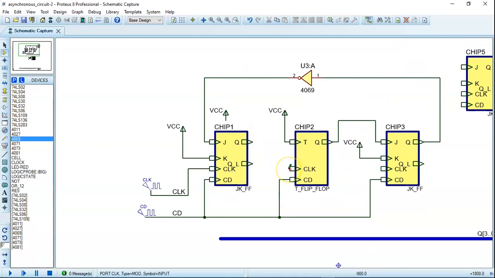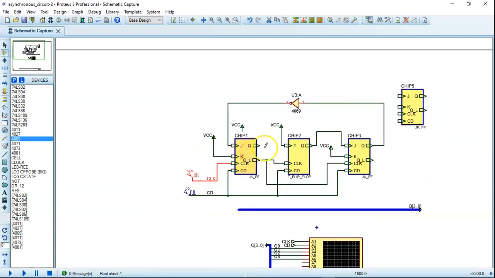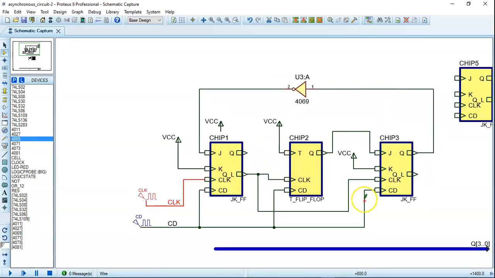So now what is left is finalizing with the clocks. You see you have 2 clocks here. One clock that is the Q naught from the chip 1, and another clock which is the one that you are going to drive by means of a function generator. So now what is left here I see is basically the output.